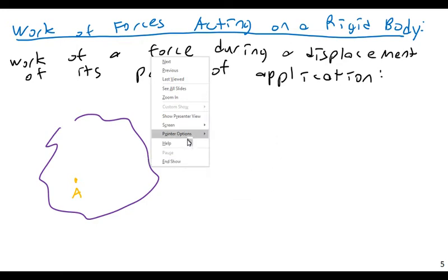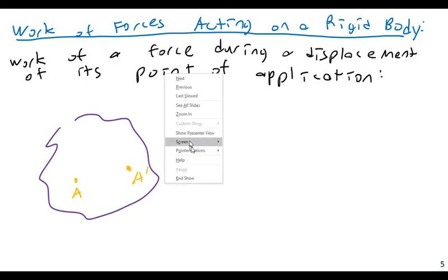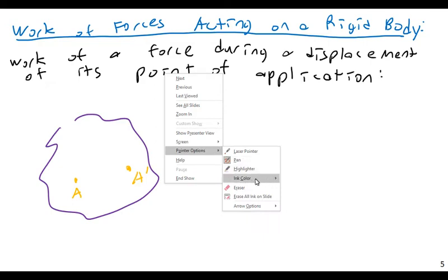How do I want to label this? And you have an A and an A prime. And between them, you have an S of some sort. Or actually, let me show a coordinate system of some sort.